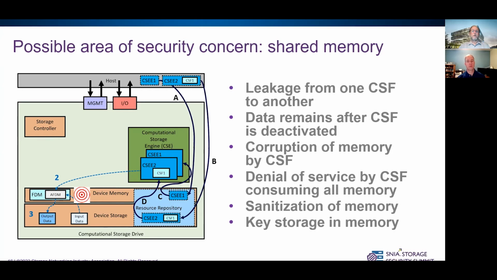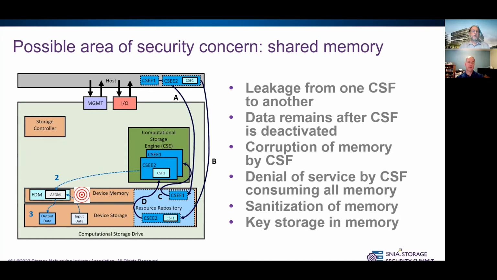Another possibility is denial of service by a CSF consuming all memory. And this is actually partly on the CSF point and also partly from the standpoint of a virtual machine that is responsible for allocating function data memory.